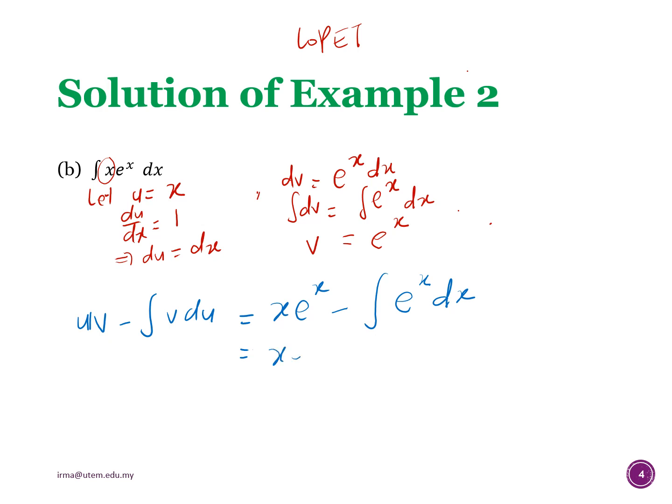The first part we just rewrite the terms, but the second part is the integration. This is just a basic function: integrate exponent x, you will get exponent x, and then don't forget to put plus constant. So this is the answer for B.